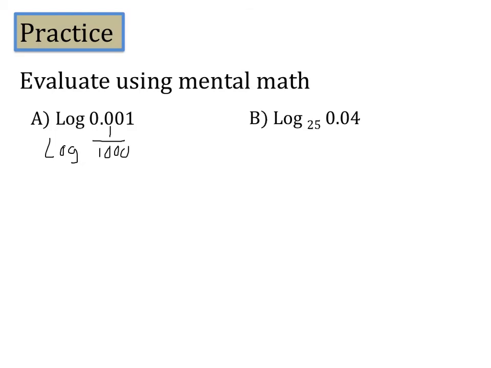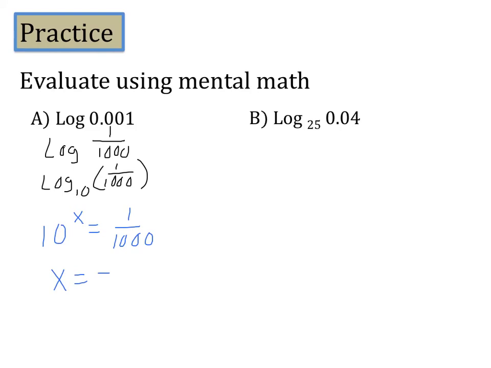So I have to remember that this really is written as log base 10 of 1 divided by 1,000. So my question is, what do I have to raise 10 to get 1/1,000? Well, I know that I have to flip this, so my x value has to be some negative, but then how do I get 10 to equal 1,000 using exponents?